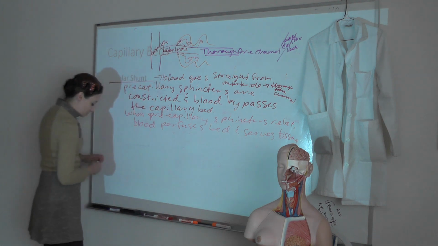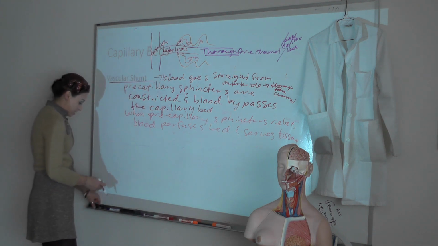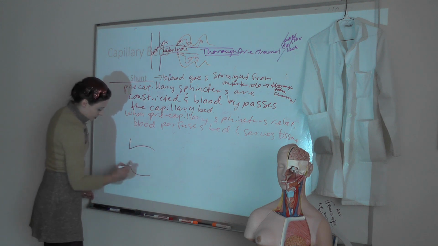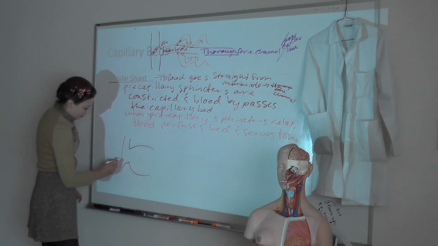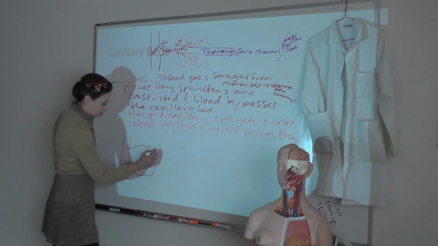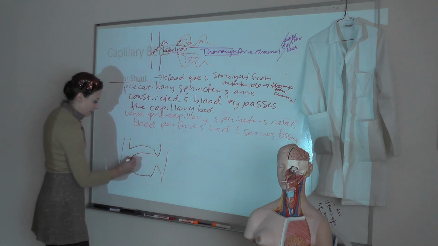There is yet another type of capillary bed where we don't have precapillary sphincters. Instead, how we control the blood flow into the capillary bed is by constriction or dilation of the meta-arteriole. So just be aware of that.